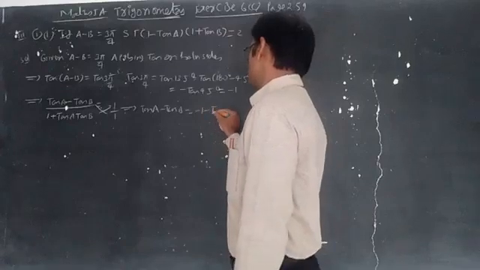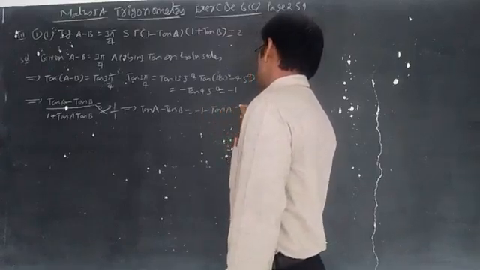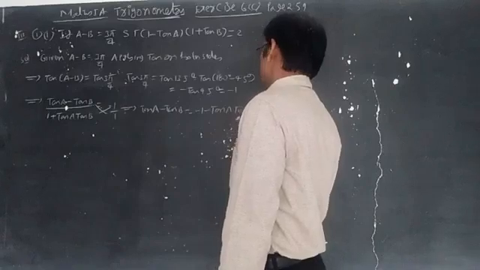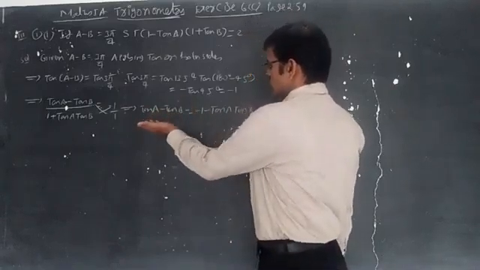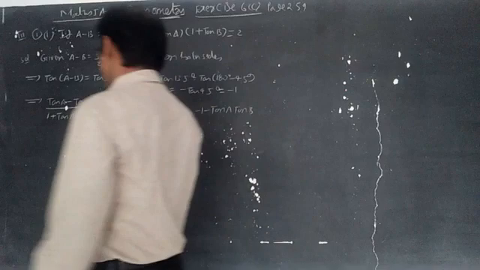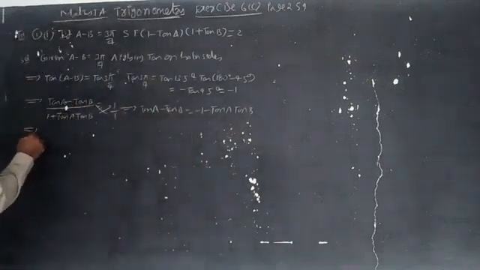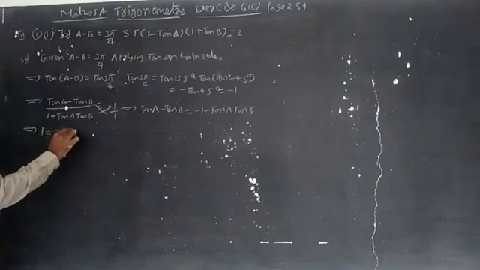So minus 1 minus tan a tan b. This minus 1 is taken this side and these terms taken this side. Minus 1 taken to the left side becomes only 1. So 1 is equal to, write like this, tan a.